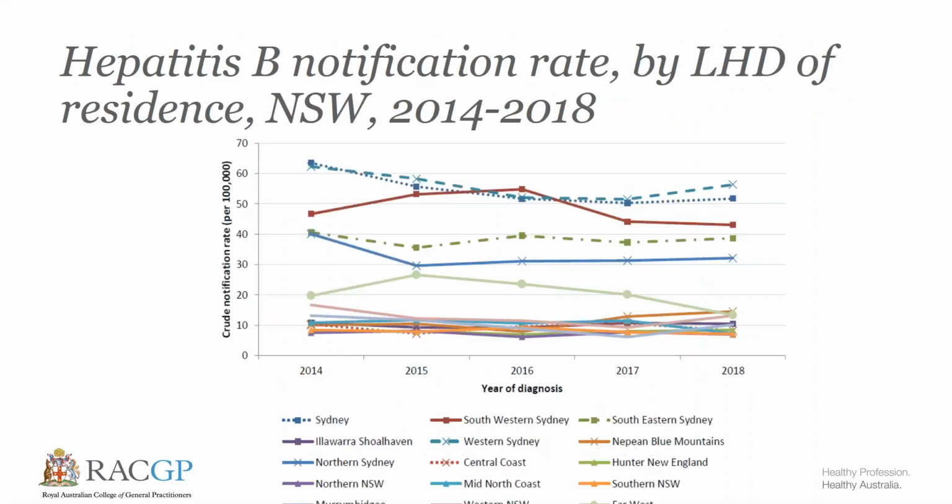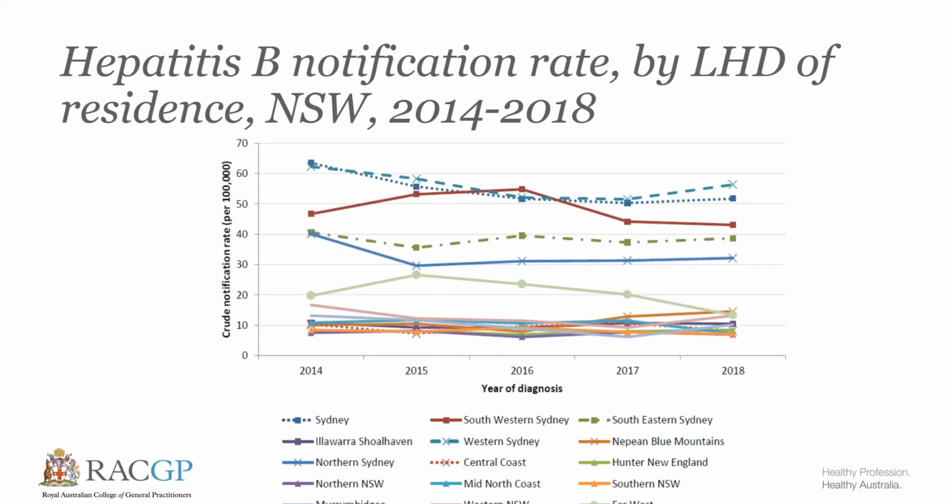And then the final thing as far as epidemiology is where the cases are in New South Wales. Here there's a very big distinction between metropolitan and non-metropolitan parts of New South Wales. Sydney, Western Sydney, Southwestern Sydney, Northern Sydney, and sorry, I've missed one there.